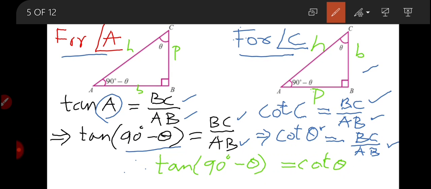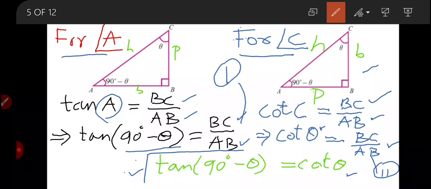Now you compare these two equations, and we have the right sides equal, so we can write the left sides also equal. Therefore tan of 90 degrees minus theta is equal to cot theta. Okay, you should remember this.